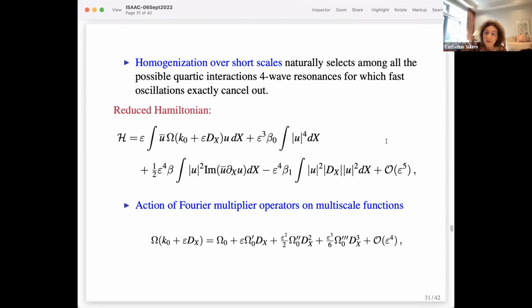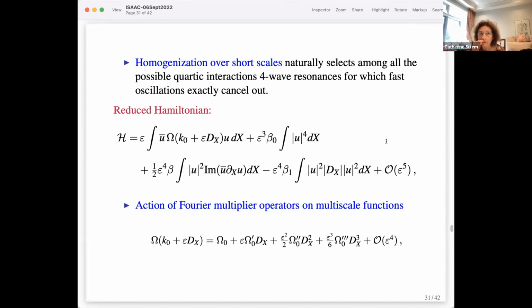So essentially, the fast oscillating terms compensate each other. They multiply each other, and they are effective only if all the oscillation cancels out.